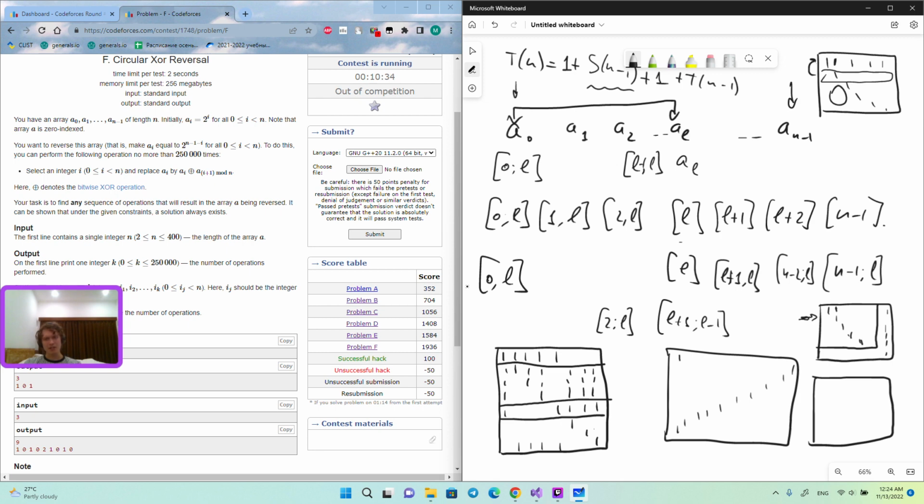So I need to change it, then change this row, and then again apply it. This seems like something very exponential.